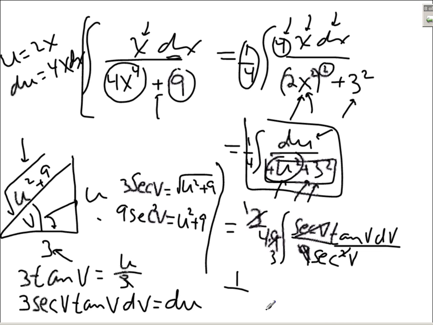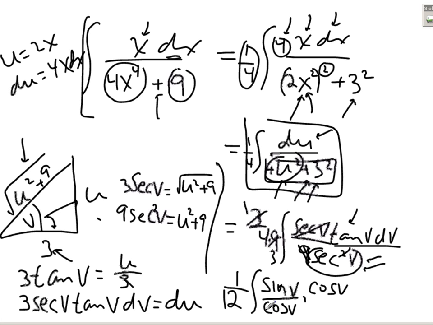So I have 1 over 12 times, well, tangent is sine of v over cosine of v. And secant v in the bottom, that's cosine v in the numerator.